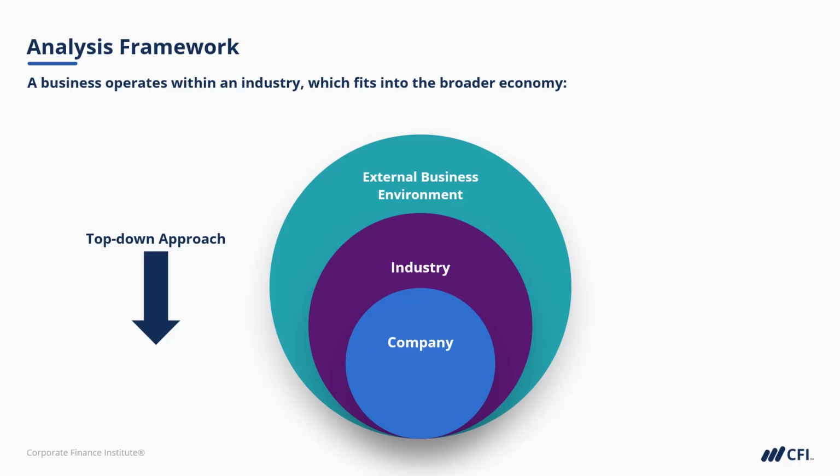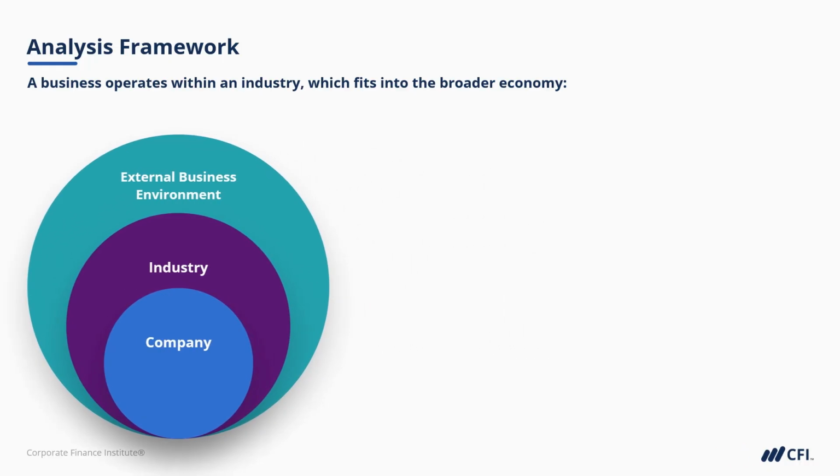By using this framework, we can be very structured and very specific in our approach to assessing growth drivers and business risks. Let's explore each of these in a little more detail.